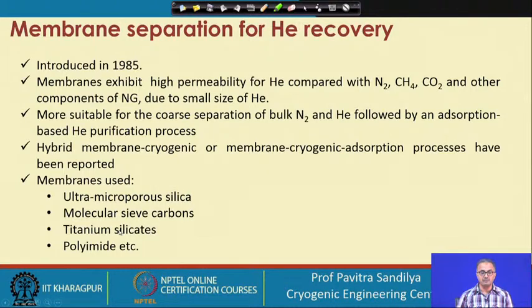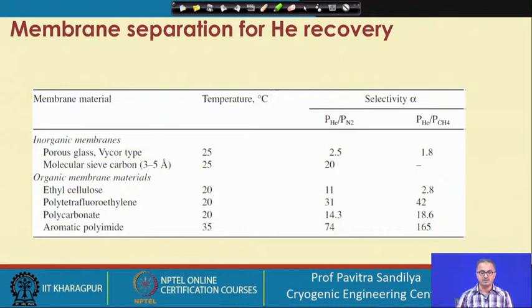recovery. And now in this particular table we have the various types of membranes that are proposed, some inorganic membranes, some organic membranes, and the temperature they can work at. Here in these columns we find the selectivity, that is the ratio of the permeability of helium to the permeability of nitrogen, with respect to helium-nitrogen and helium-methane.